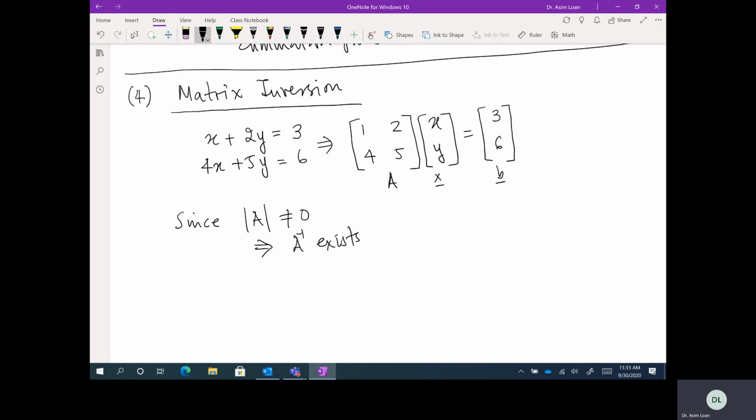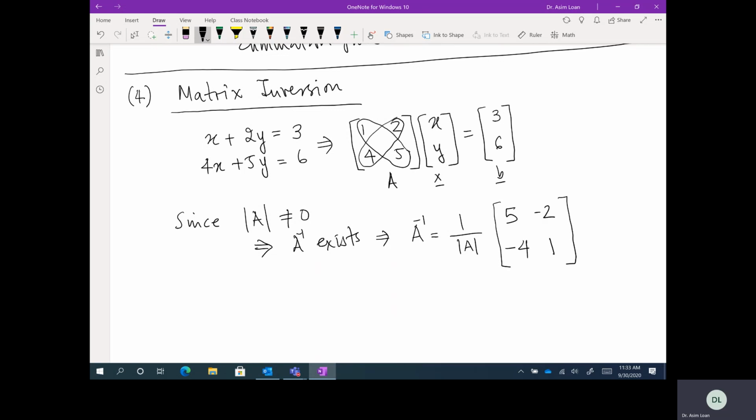And what is the A inverse for a 2 by 2 matrix? A inverse is simply 1 over the determinant of A, because if the determinant of A was 0, you cannot divide. And then for a 2 by 2 case, you swap these two, so this will become 5, this will become 1, and you negate these two values, so this will be -2, this will be -4.